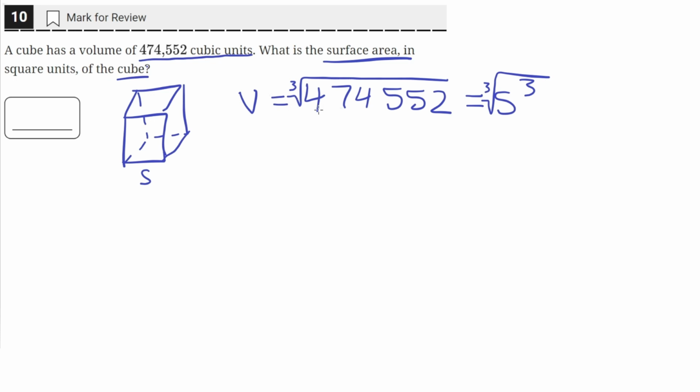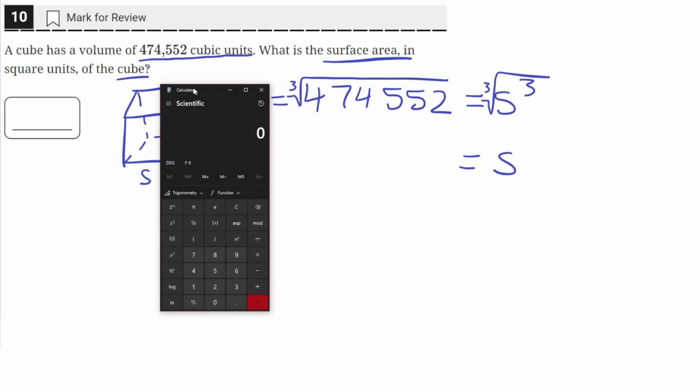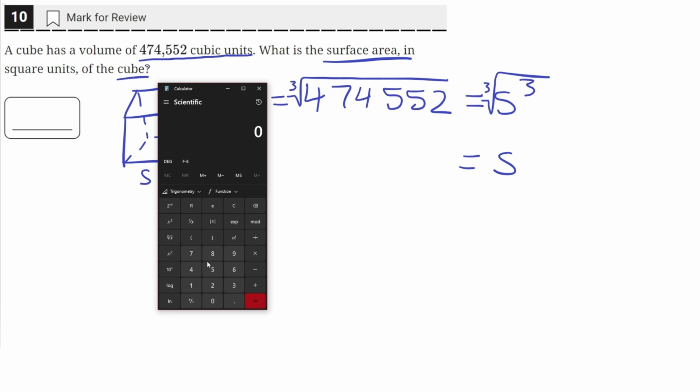Cube rooting will get rid of the cube value here on s, so we'll just be left with an s on the right side. And then the cube root of 474,552, we can just put that into our calculator.